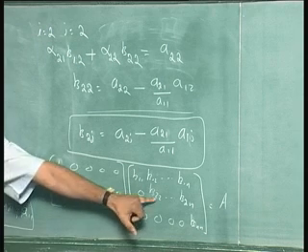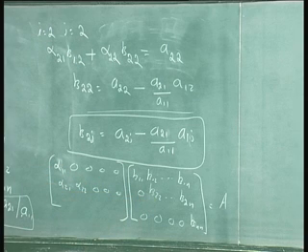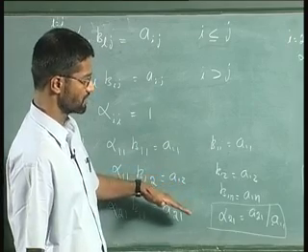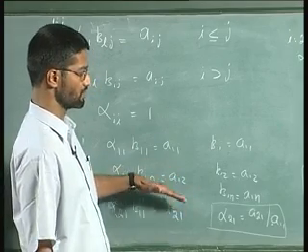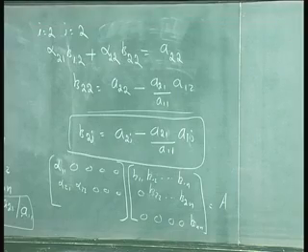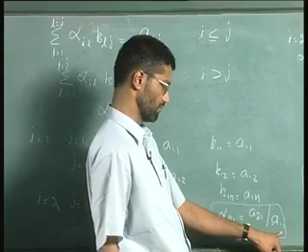The factors we used to eliminate: we took the first row and subtracted it from the second row multiplied by a factor, and that factor is A21 by A11.